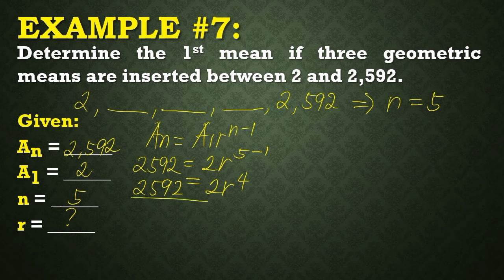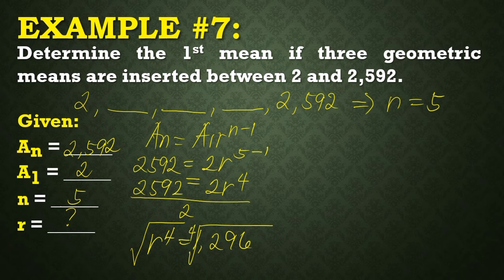And then we divide the whole equation by 2. So r to the 4th power is 2,592 divided by 2, that is 1,296. So extracting the 4th root. So 4th root naman po dito. So our r is 6.